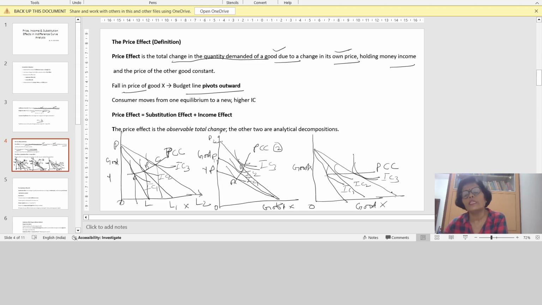As the price of commodity X decreases, the price line moves outward. Like this, price effect is the total change in quantity demanded of a good due to change in its own price, holding money income and the price of other goods constant.